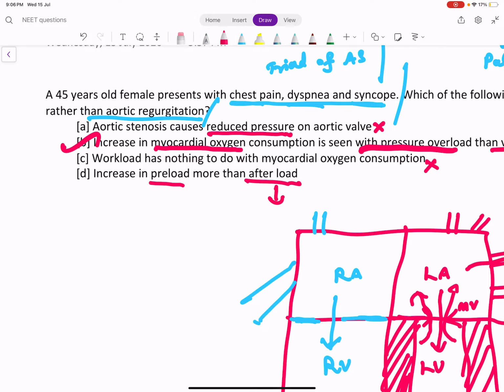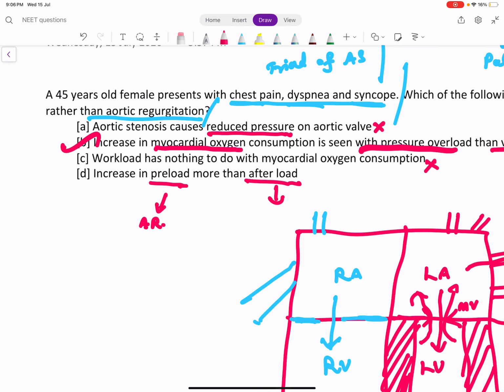Because in aortic stenosis, afterload is high because there is a stenosed aortic valve. The left ventricle is pumping more to push blood against the stenosed valve. So afterload is more in aortic stenosis. Whereas preload is more in aortic regurgitation because at the end of diastole, left ventricular volume is so high.